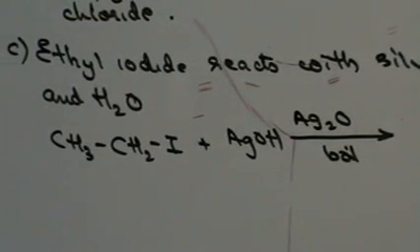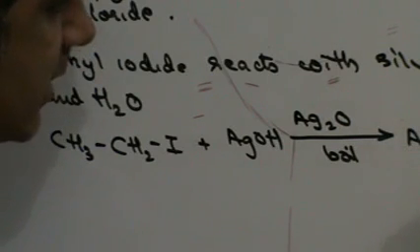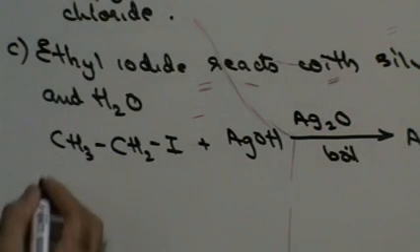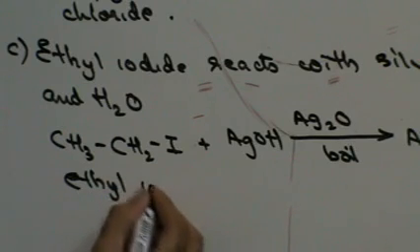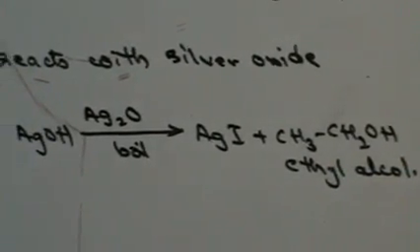In which case, I will get a substitution reaction. I will get silver iodide, AgI, plus CH3CH2OH. This is ethyl iodide and this is ethyl alcohol. Right? Let's do one more reaction of this kind.